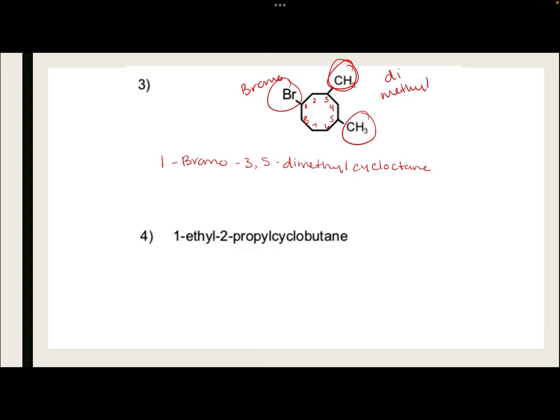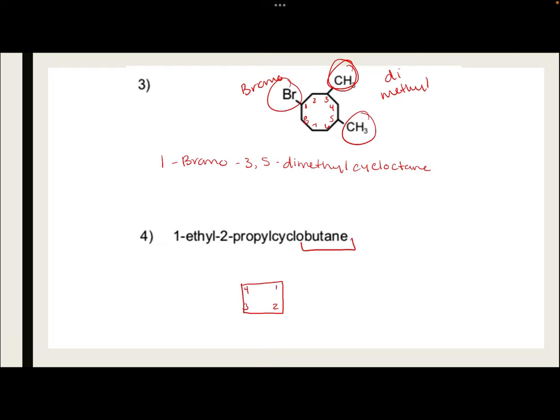Now we're going opposite here. We're given the name and we have to draw the structure out. We usually start off going backwards in this situation. So butane, we know that's going to be a square, so we're going to draw a square out. You can number it however way you want, so I'm just going to number it how we did the first one.